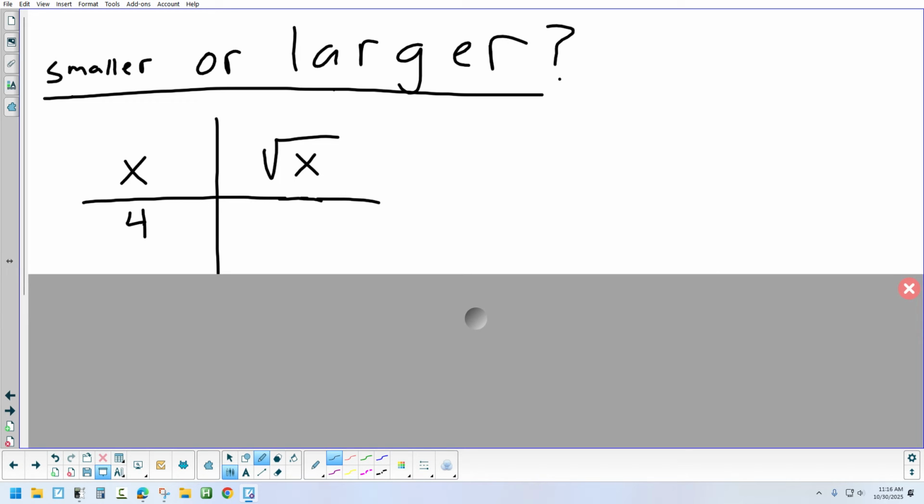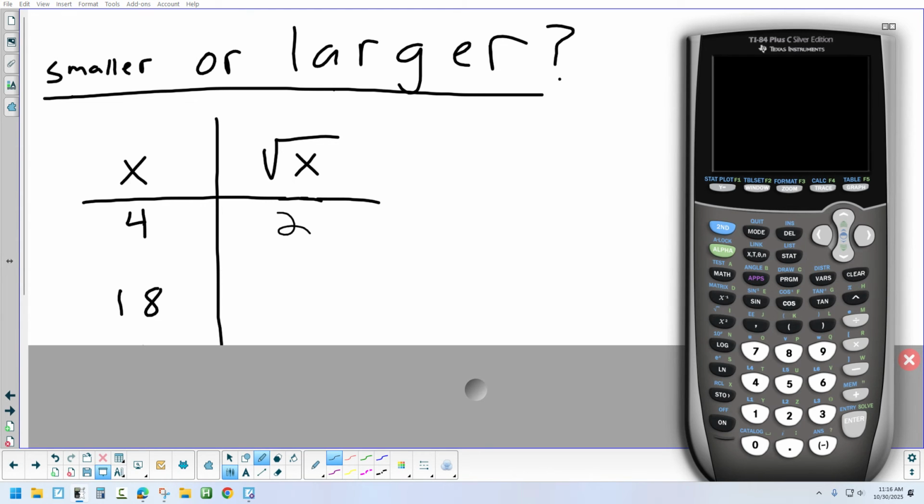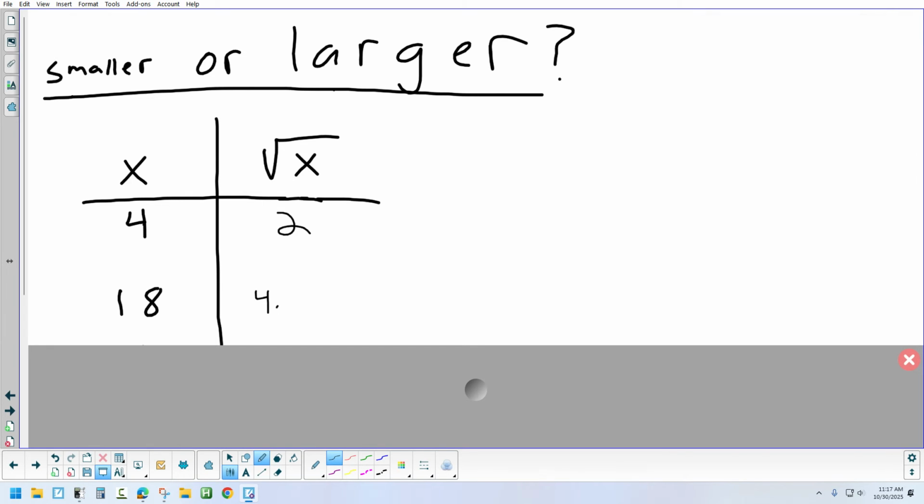So we've got 4, and I want to know what's the square root of 4? 2. So did that get smaller or larger? Smaller. All right, it got smaller. So maybe when we take square roots, they always get smaller. Let's try 18. Square root of 18 is about 4.24. Okay, still follows the pattern.